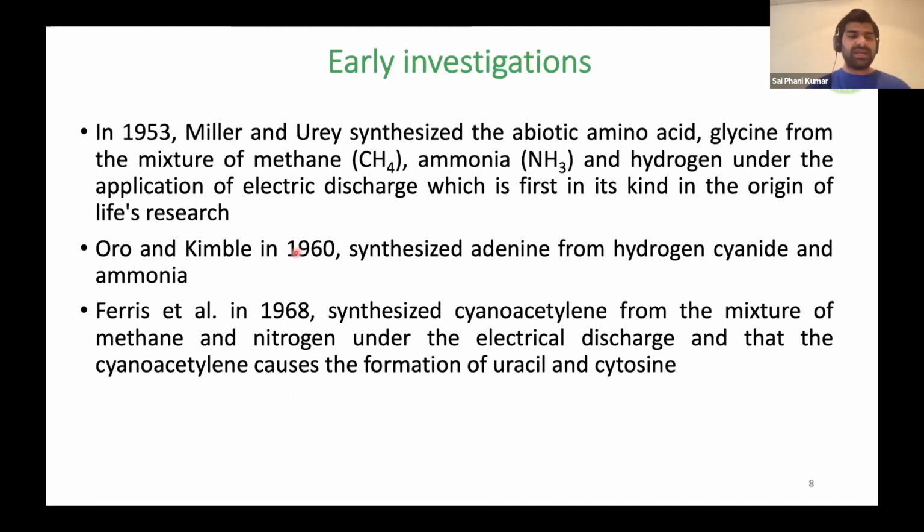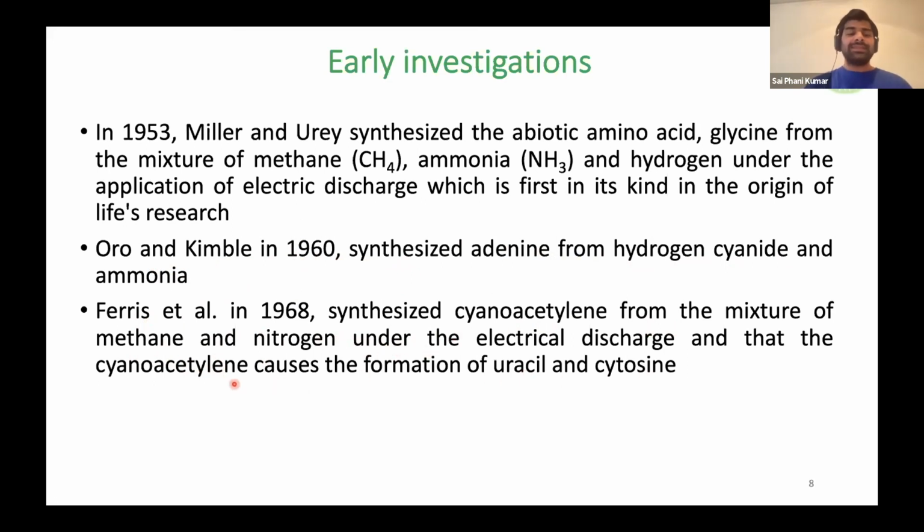After several years, Oro and Kimball in 1960 synthesized adenine from hydrogen cyanide and ammonia. And then later on, Ferris et al. also synthesized cyanoacetylene from a mixture of methane and nitrogen under electric discharge.